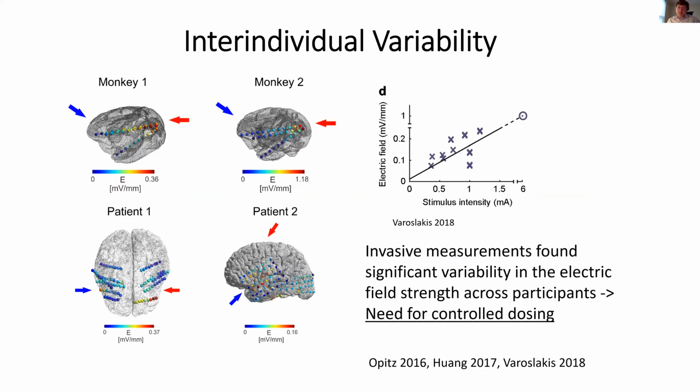And finally, the big issue we have in the field is individual variability. This is most often discussed with respect to outcomes of stimulation, both in physiology or behavior. But we also have variability just in the electric fields. If we apply 1 milliamp tDCS across many different people, we will have quite a few differences in the electric field strengths.